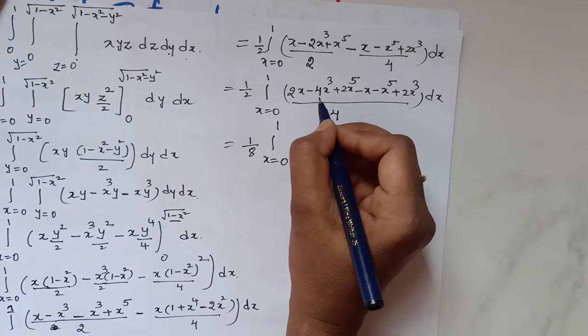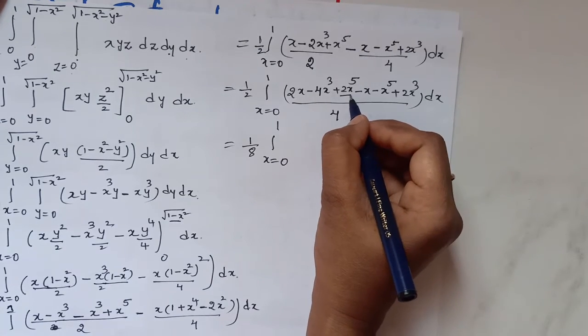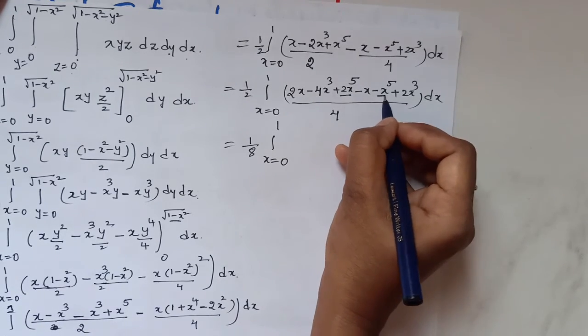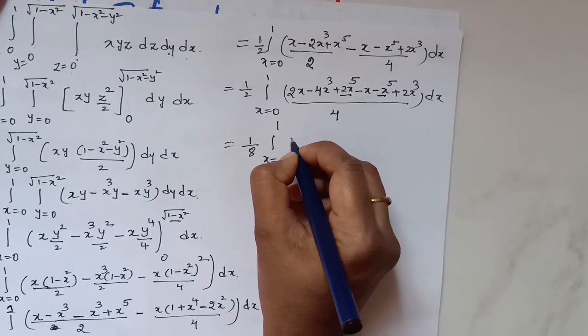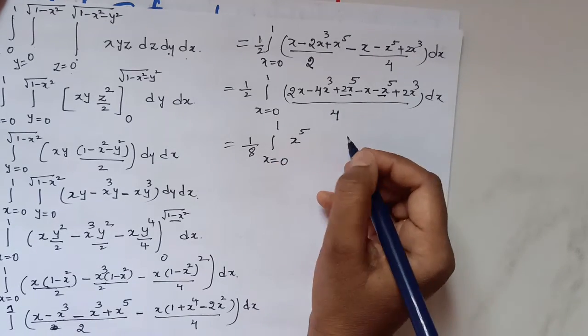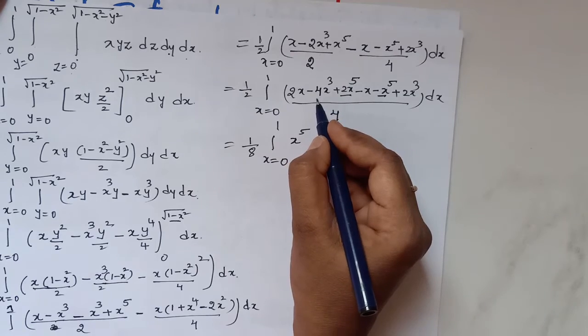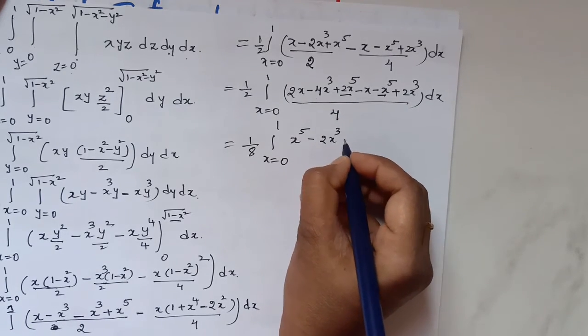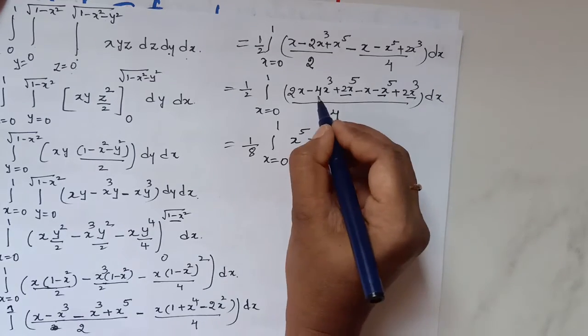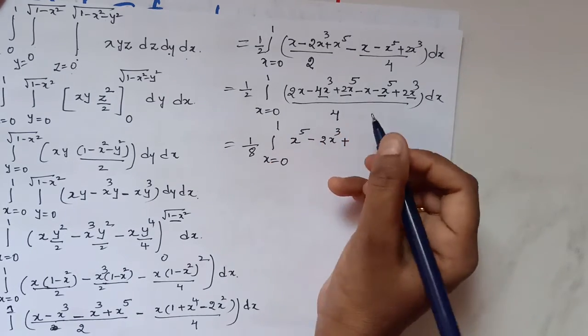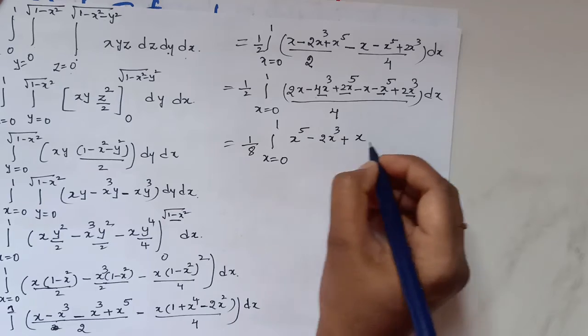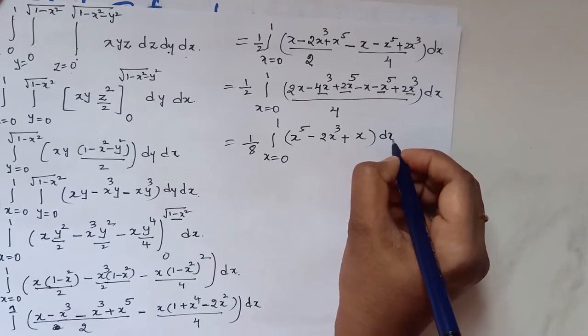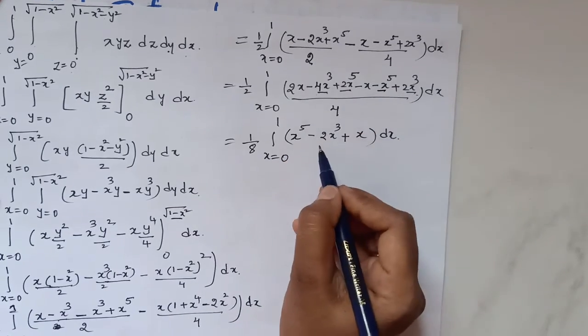Now plus 2x power 5 minus x power 5 is x power 5. Next minus 4x cube plus 2x cube is minus 2x cube, and 2x minus x is plus x into dx. After simplification we got this.